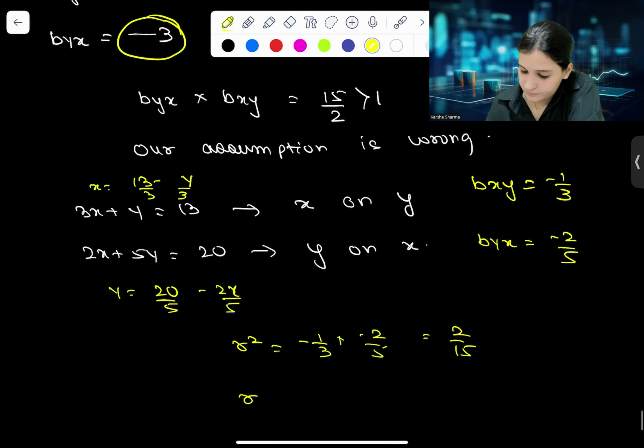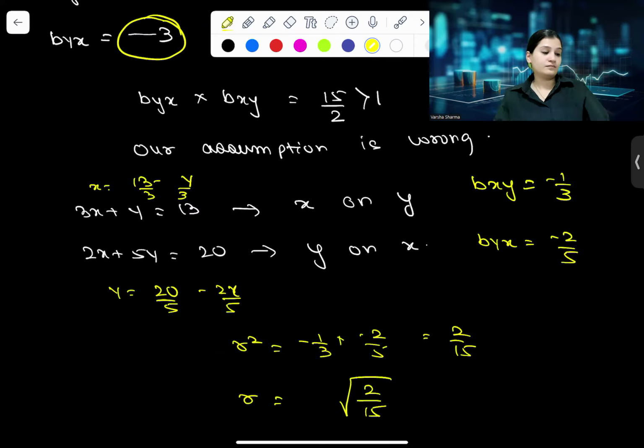So r will be 0.133, 0.365. But both of them were negative, so r will also be negative.